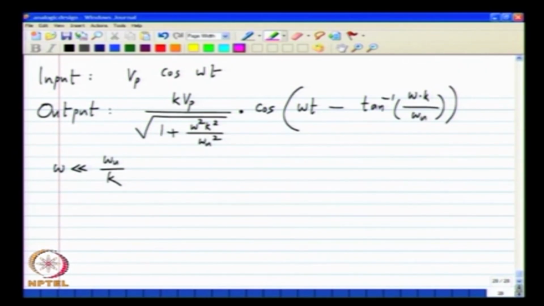In this range of frequencies the output can be approximated by kVp, because the second term under the square root in the denominator is much smaller than 1.